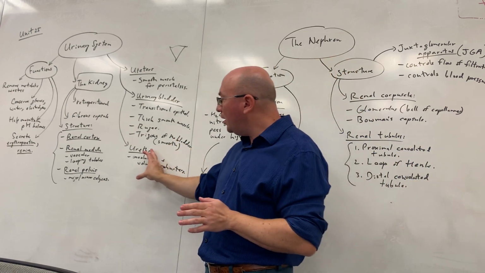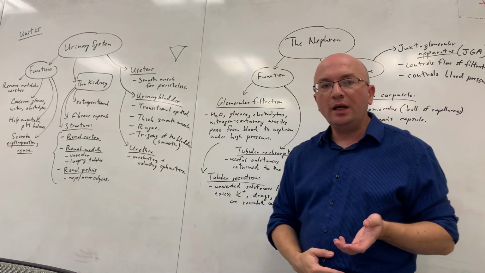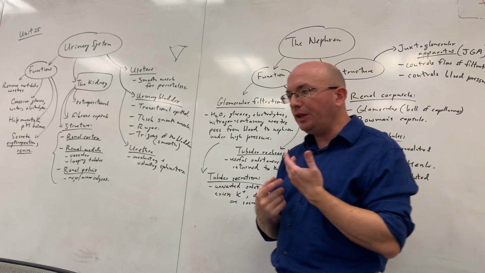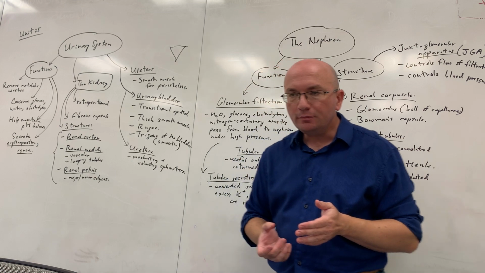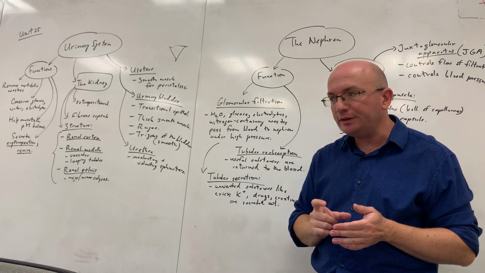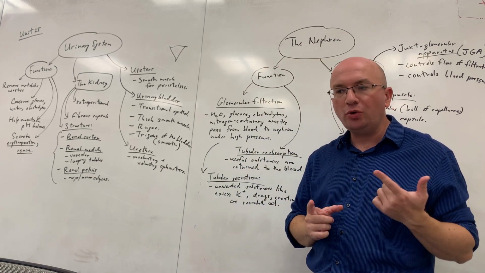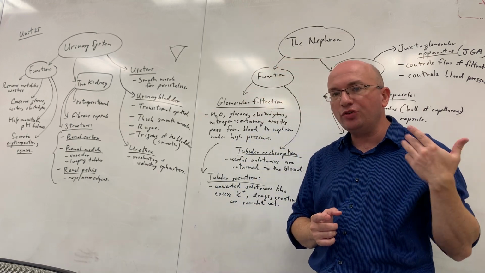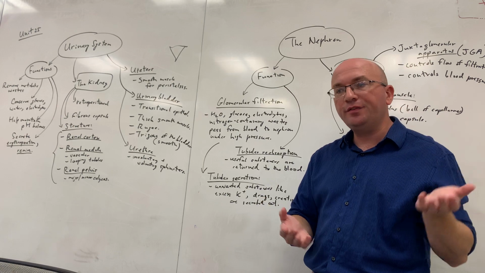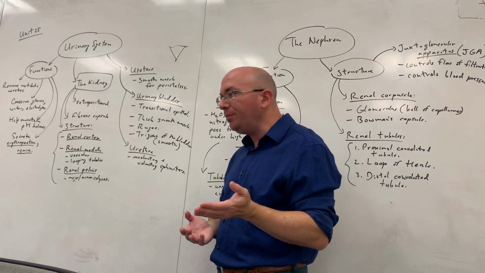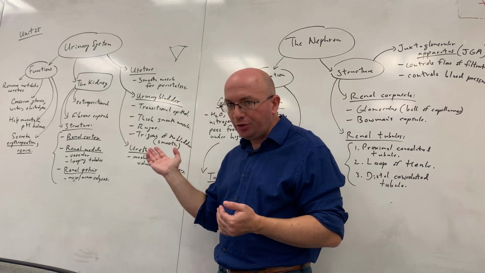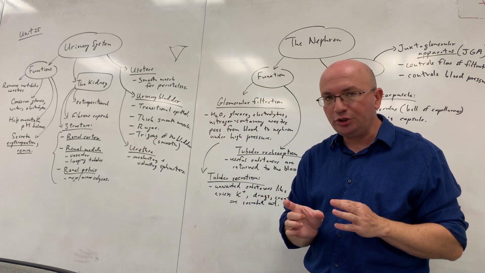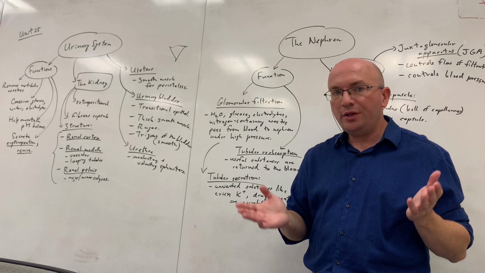The important feature to remember is that in the female, the urethra is very short and essentially empties by gravity, so it travels a very short distance. And in the male, the urethra is much longer because it goes through the penis and through the prostate and through essentially the reproductive system, because it has the function of carrying the semen out of the body and also carrying urine as part of the urinary system, right? So again, the female urethra is very short, the male urethra is much longer.